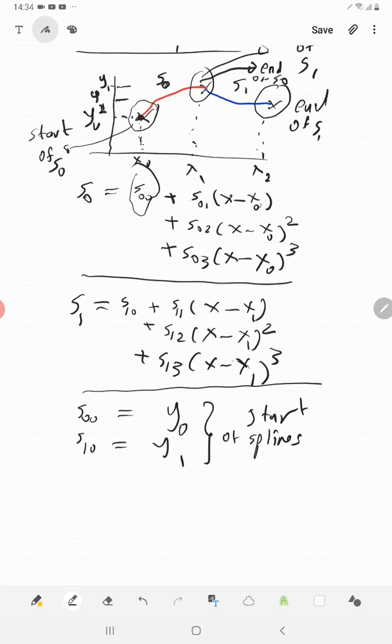So we can use the endpoints to get another 2 equations.